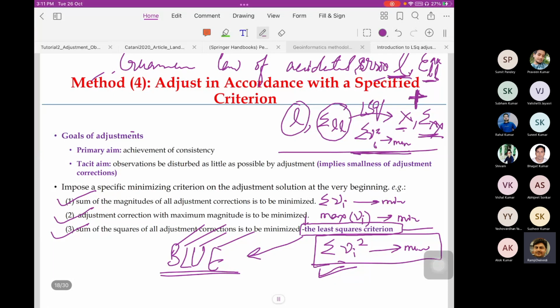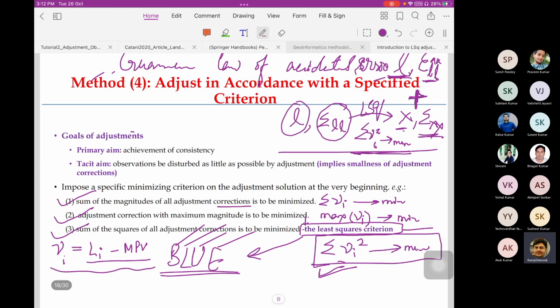So we arrived at these three possible suggestions. I'm again highlighting. We must understand at this point that if you have an observation called Li, and you are making a correction from the most probable value for the set of observations, that becomes the residual. So we were more interested in this part of correction.